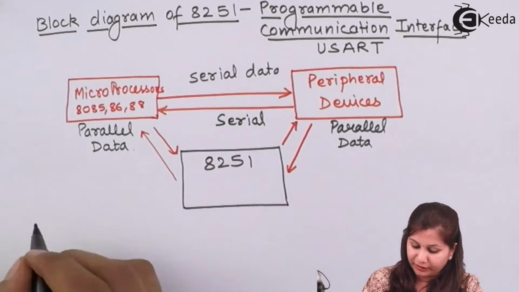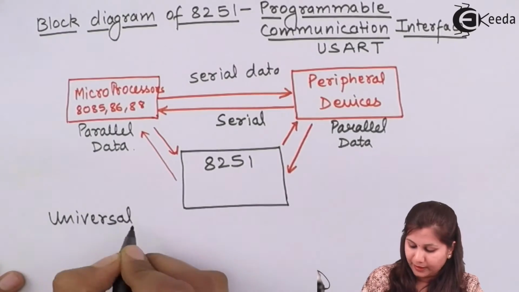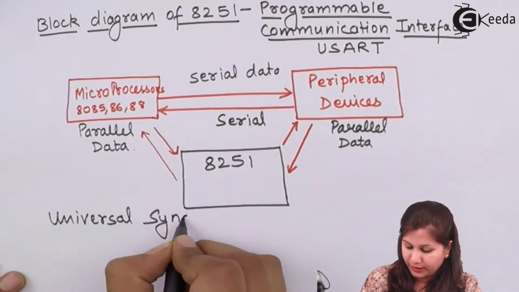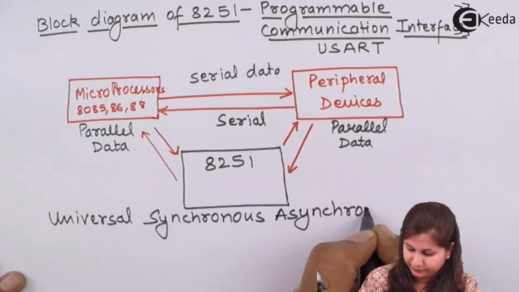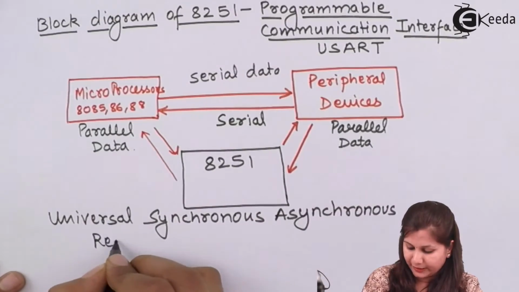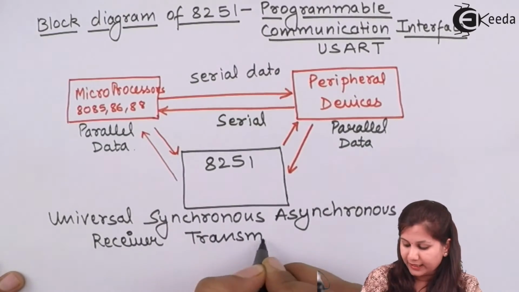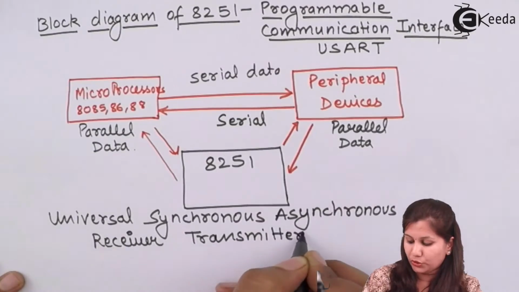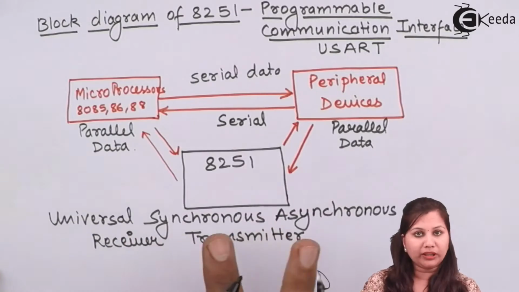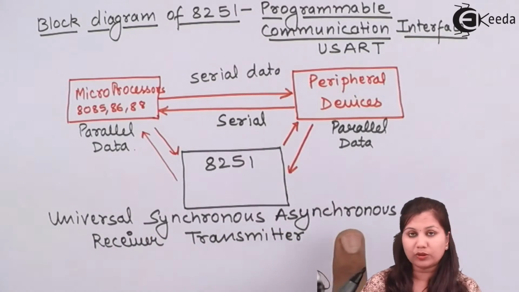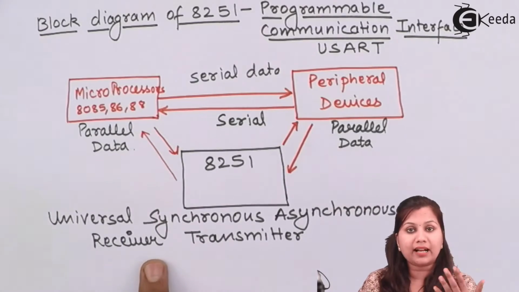So the 8251 is known as the universal synchronous asynchronous receiver transmitter. Synchronous and asynchronous are the two modes of transmission, and it can work in both these modes, so it is known as synchronous asynchronous. It works as a receiver and also as a transmitter.